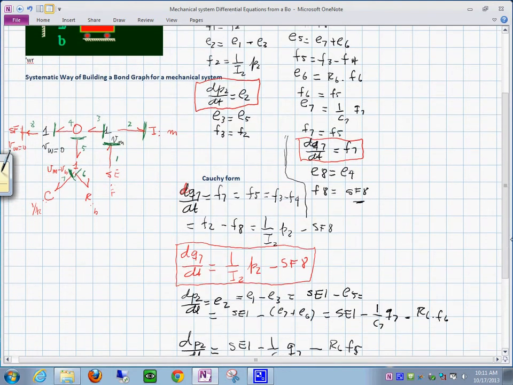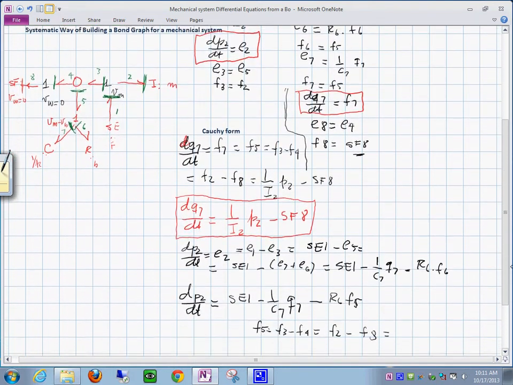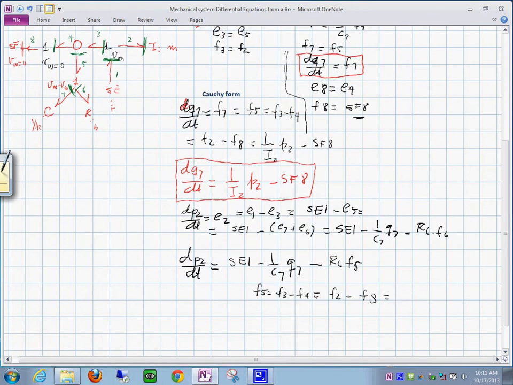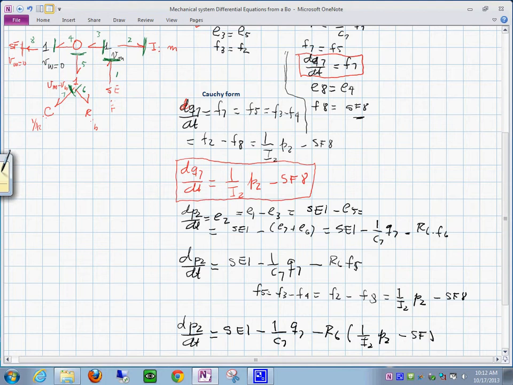We have that F sub 2 is 1 over I sub 2 P sub 2. So this will be 1 over I sub 2 P sub 2, and this was F8, which is SF8. Okay, so if that's true, let's plug this in. dP sub 2/dt is equal to SE1 minus 1 over C sub 7 Q sub 7 minus R sub 6 times 1 over I sub 2 P sub 2 minus SF8.